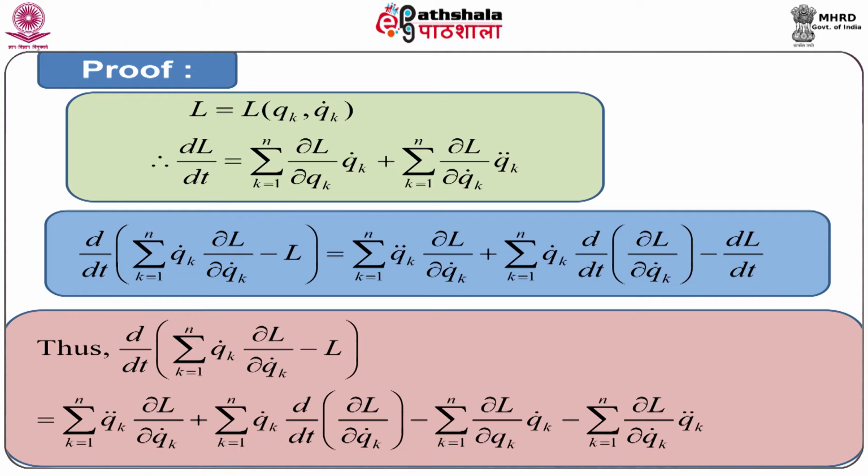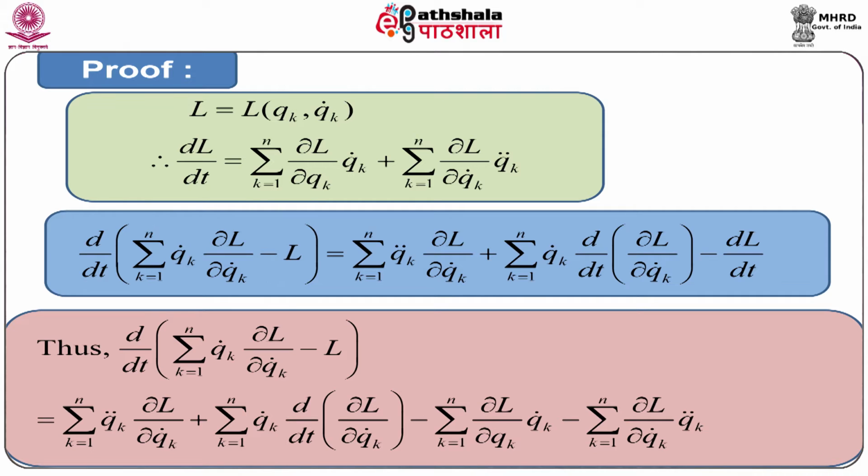As we are considering a scleronomous system, L will depend on the generalized coordinate qk and qk dot. Please note that t is absent here. Taking the time derivative, we get dL dt, which can be written as summation over k del L del qk into qk dot plus summation over k del L del qk dot into qk double dot.